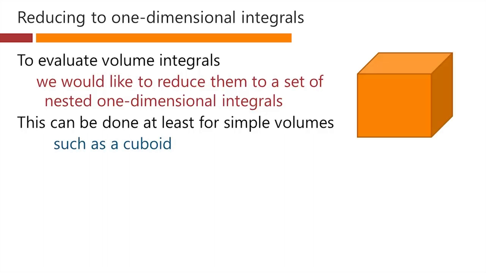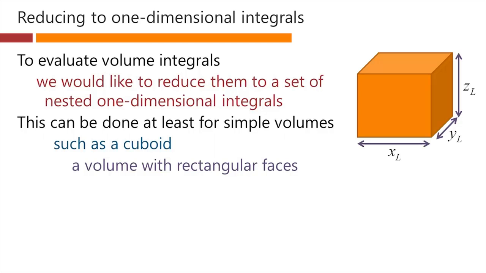So a simple volume might be a cuboid here, or a cube, or something with rectangular faces. And with the rectangular faces, we can in fact divide up the integration this way. This cuboid might have a length xl in the x direction, yl in the y direction, and zl in the z direction.